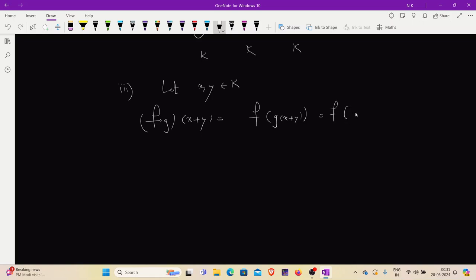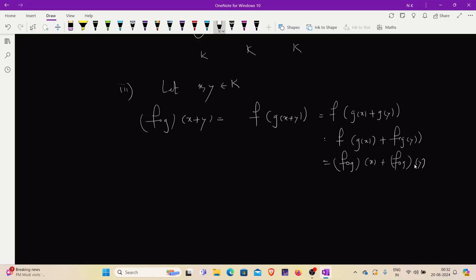So it is f of g of x plus g of y, and if I apply f on this addition, this is f of g of x plus f of g of y. So this is f composite g of x plus f composite g of y.